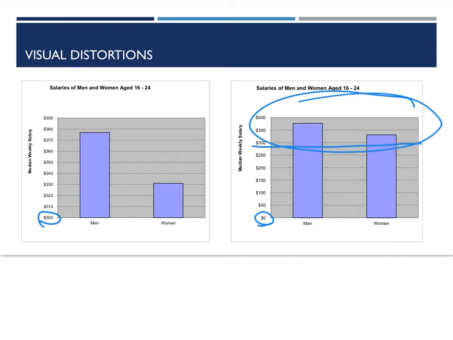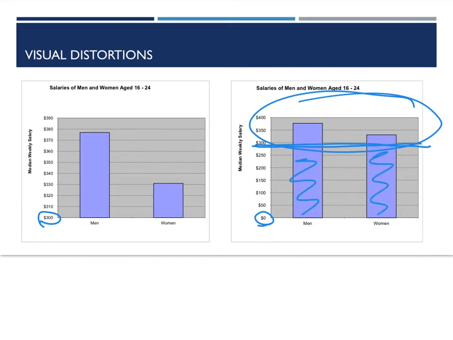The math is still the same. The women come up to a little bit above 330. The men come up to almost 380. Nothing wrong with that. It's just that if I only show the graph from 300 and above, I'm ignoring all this part that was similar.